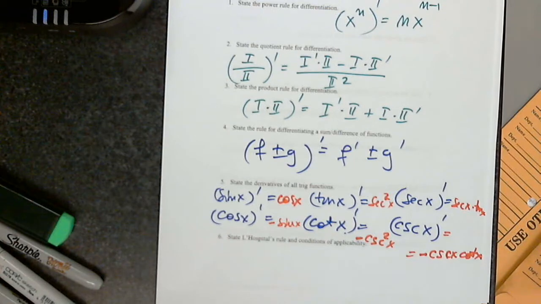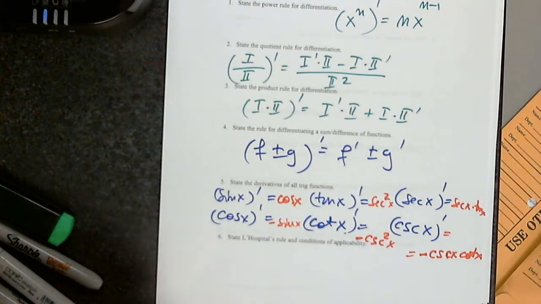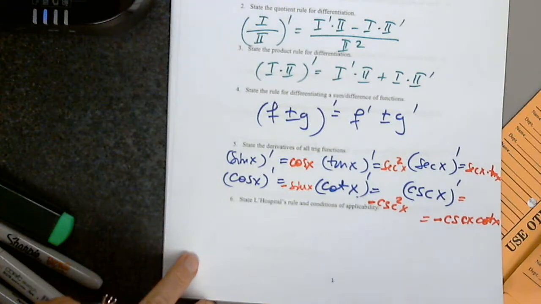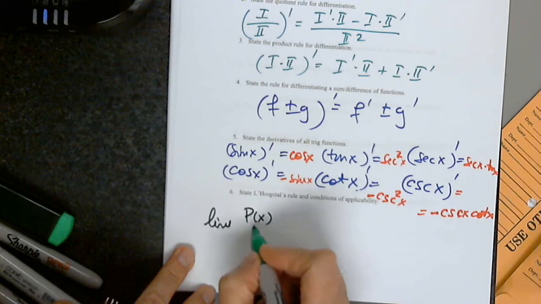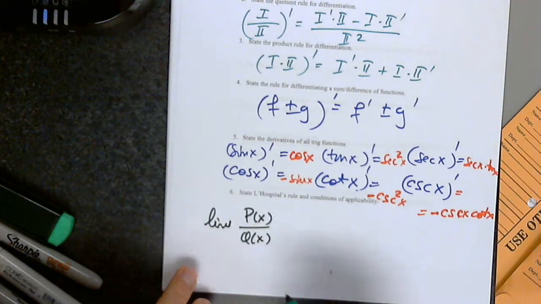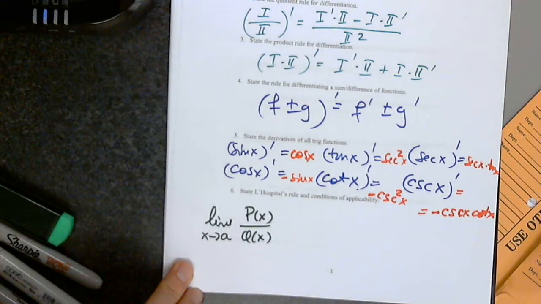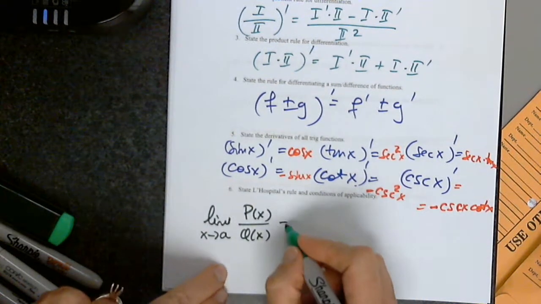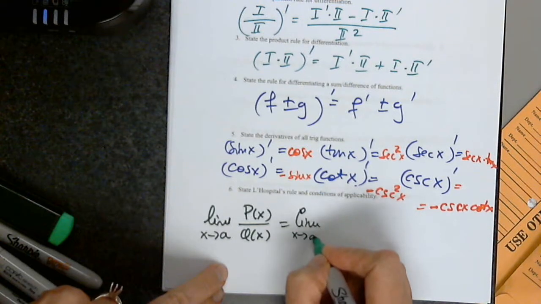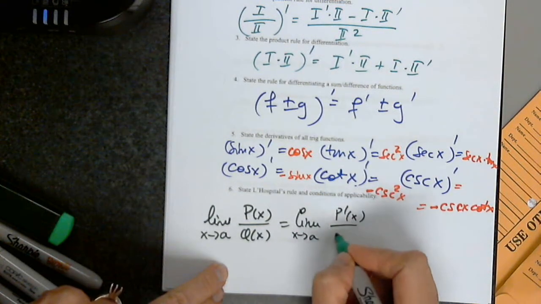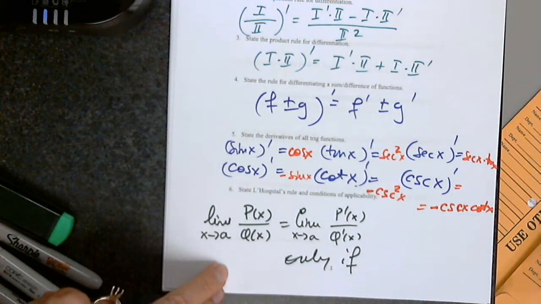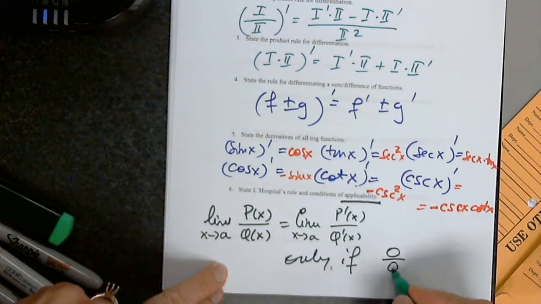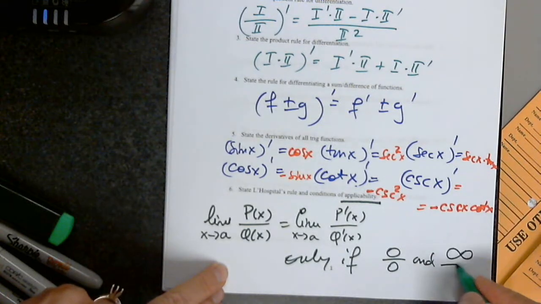State L'Hopital's rule and conditions of applicability. All I would like you to remember here is this. Limit of a polynomial over another polynomial when x approaches a is limit as x approaches a from p prime of x over q prime of x only if 0 over 0 or infinity over infinity.